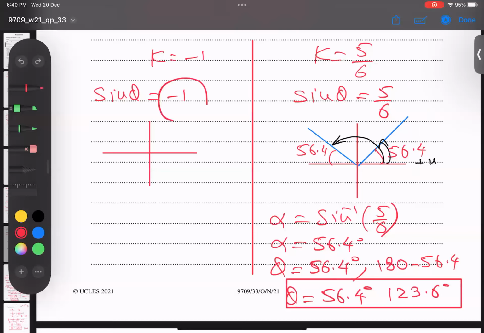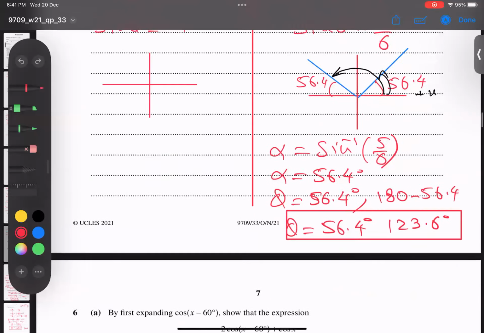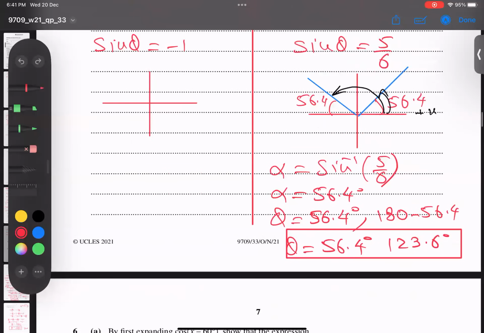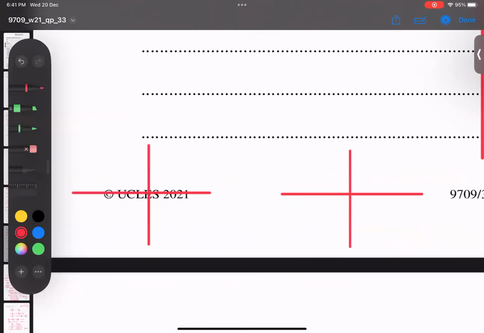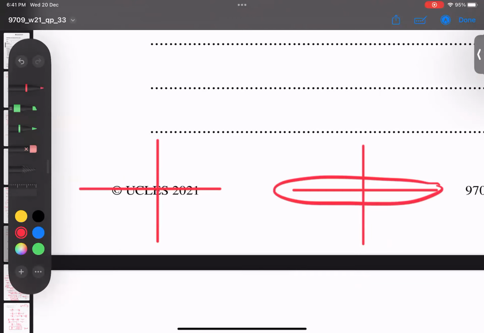So let's talk about this thing. For your knowledge, there is a very important thing I want to discuss with you. Have a look here. This cross is very important to know. Both crosses are very important. Along the x-axis, cos is 1. So cos 0 is 1, cos 180 is minus 1.